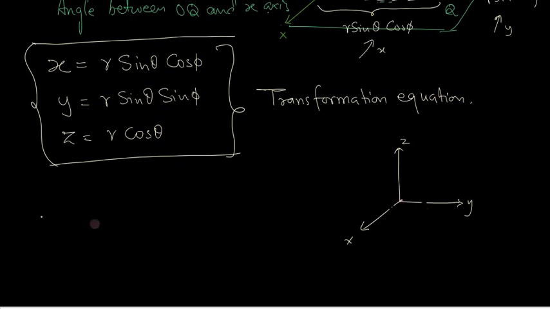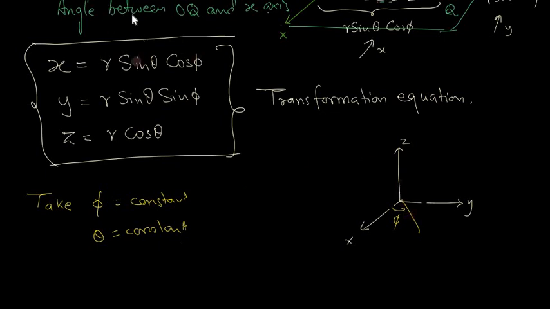First take theta is equal to constant and phi is equal to constant. You will have a line because two coordinates are constant.